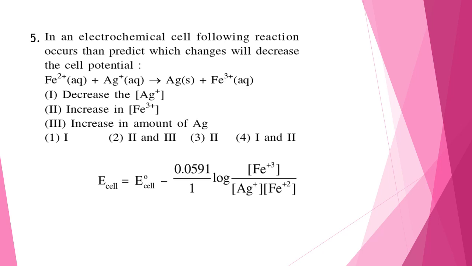So by seeing the formula, we can see that when the concentration of Ag increases, the negative sign will become more. That means that E cell will decrease. And similarly, if the concentration of Fe3 positive increases, then also E cell will decrease. Therefore, the correct answer here will be option 4, that is 1 and 2.